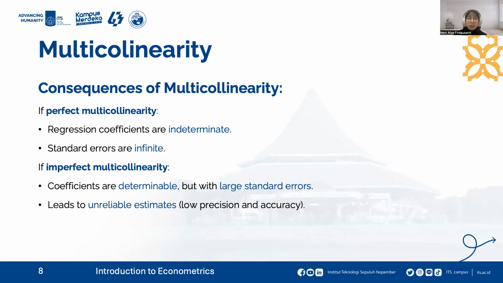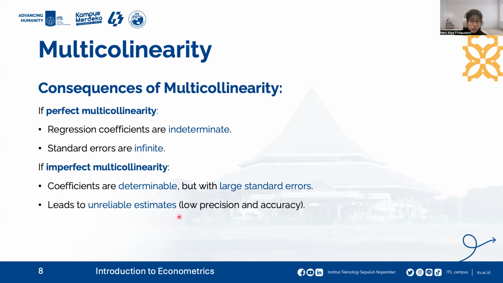The other case is imperfect multicollinearity, where the coefficients are determinable, but we will have a very large standard error.